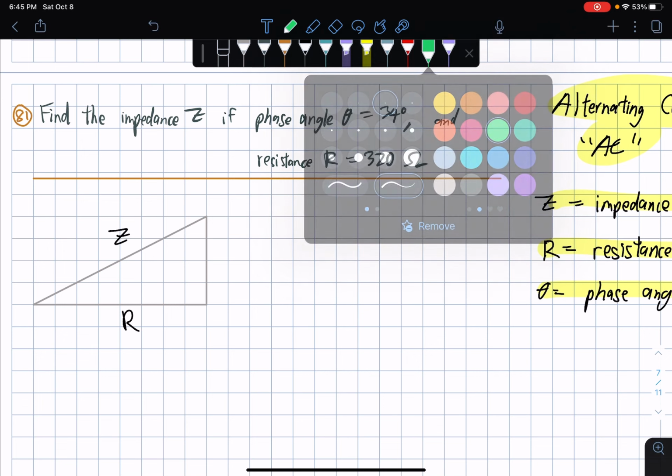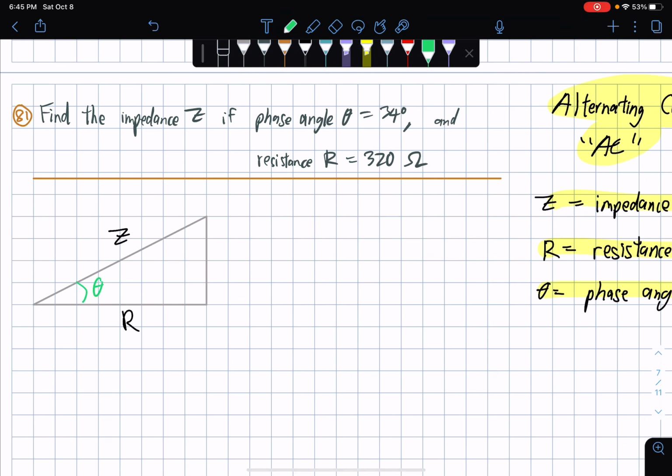And the phase angle, of course, would be this one. So specifically in this problem, the phase angle is said to be 34 degrees, and the resistance is 320 ohms. Impedance is missing.